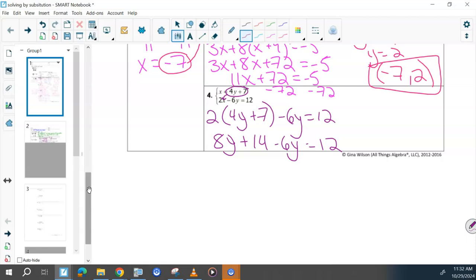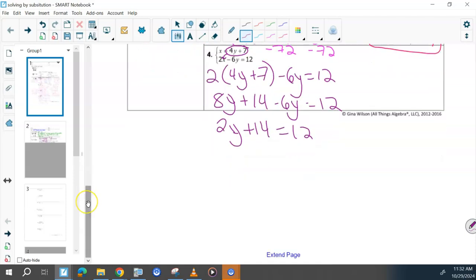Combine like terms just like we did in number 3, 8y minus 6y. Get rid of 14. And divide everything by 2.